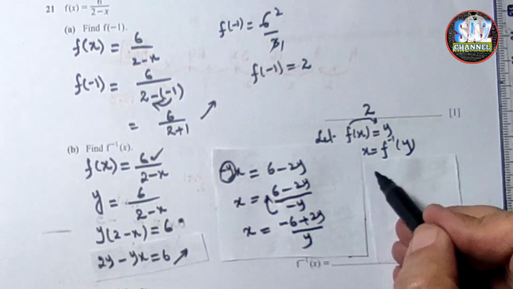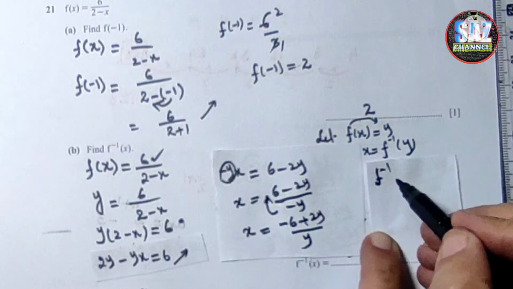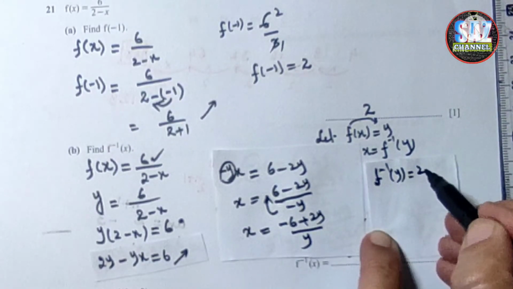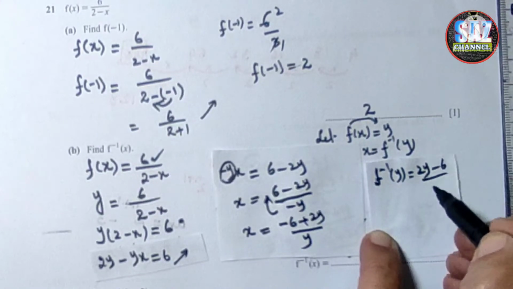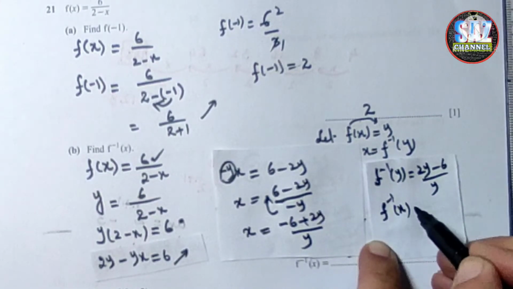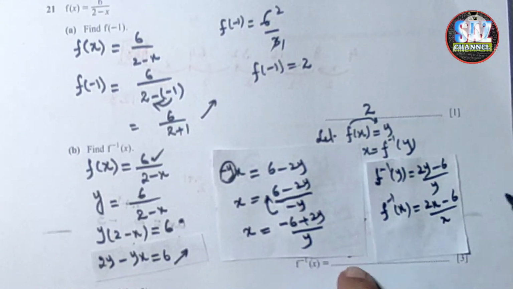As x has the answer f inverse of y, f inverse of y equals 2y minus 6 upon y, or f inverse of x, as we have to give the answer with the original variable, 2x minus 6 upon x.